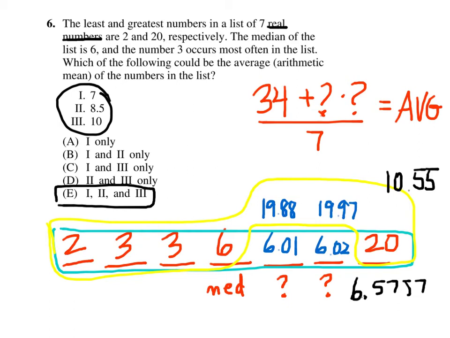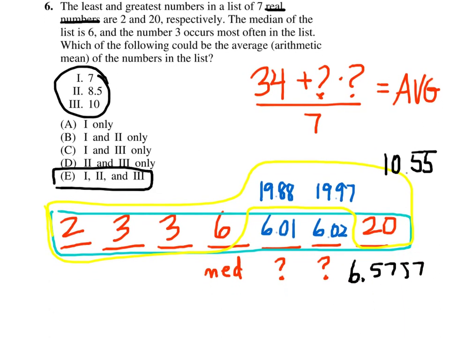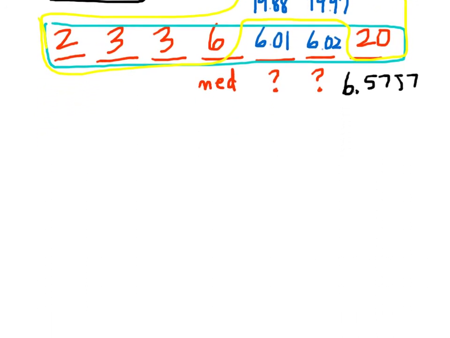Now, a lot of you are probably not happy with the imprecise method of saying, well, the average could be everything we want between 10.55 and 6.5757. You say, no, I want to actually make sure I can achieve the averages.